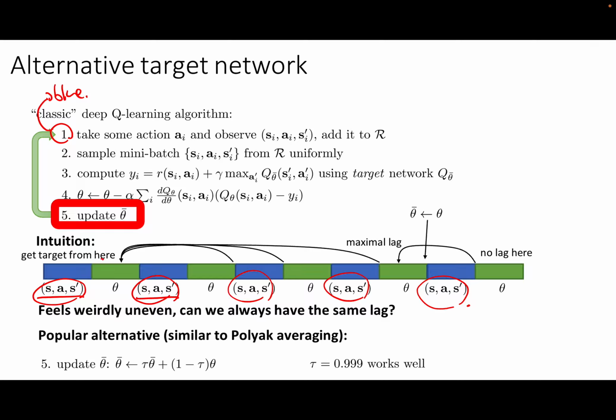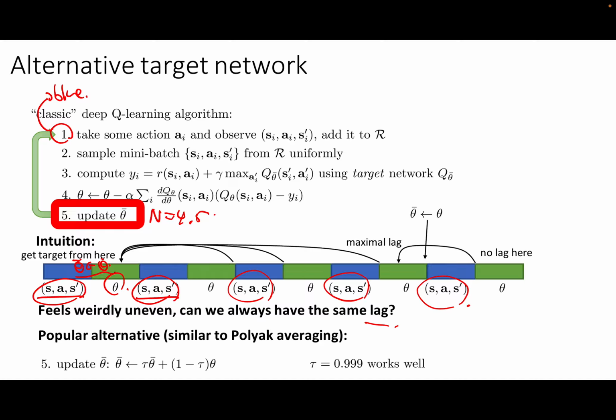Let's say we get the target from here, theta bar. Here, theta bar equals theta. And we proceed, let's say n equals 4, maybe 4 or 5. Then at here, there's no lag. Lag means some time difference.